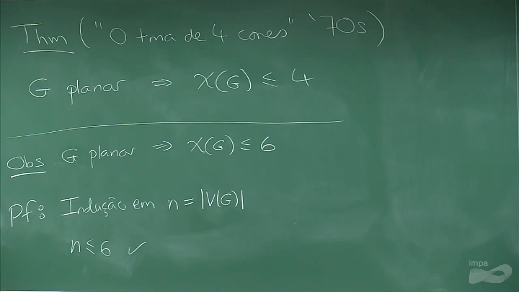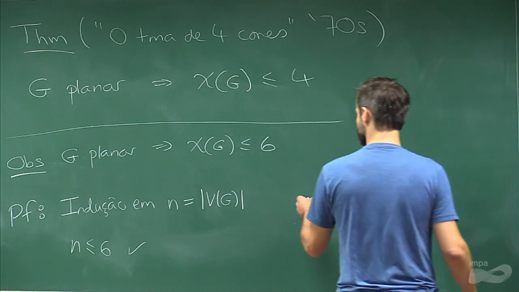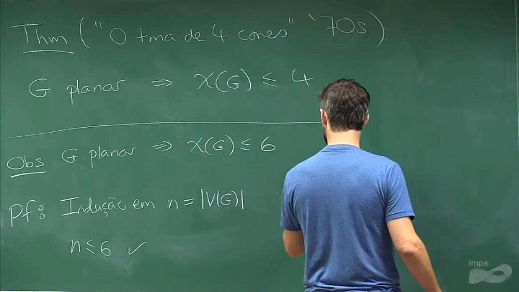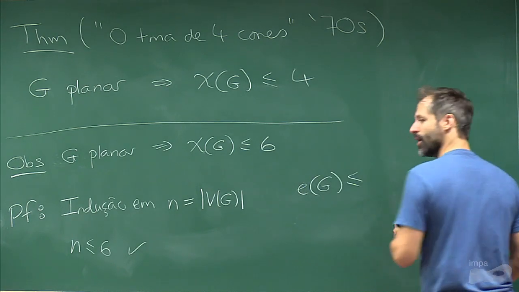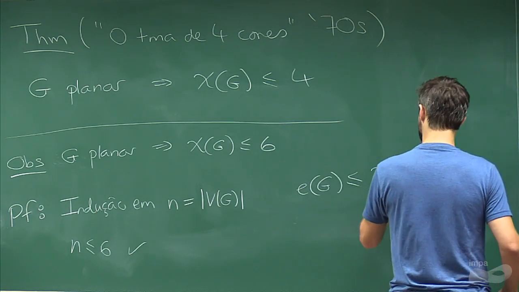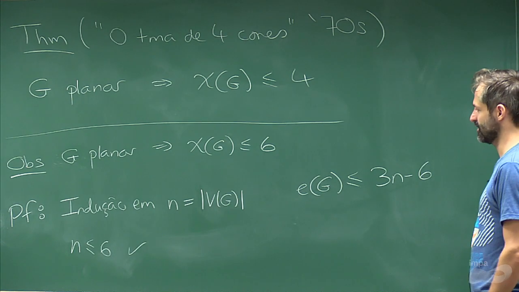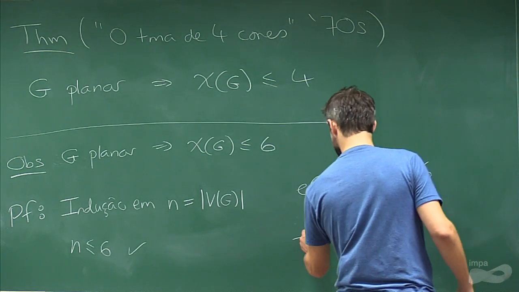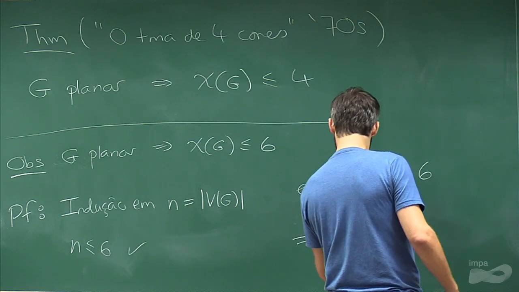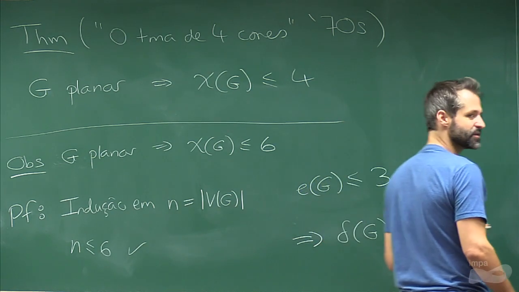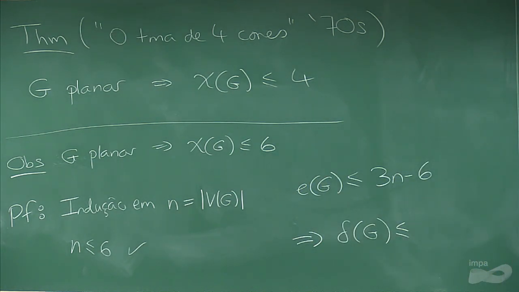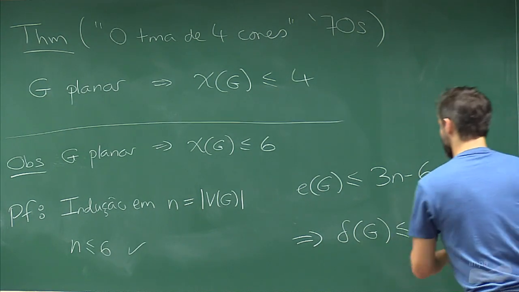You use that formula for the number of edges. We proved last time the number of edges of G is at most 3n minus 6. What does that tell you? It implies the minimum degree is at most 5. Why?